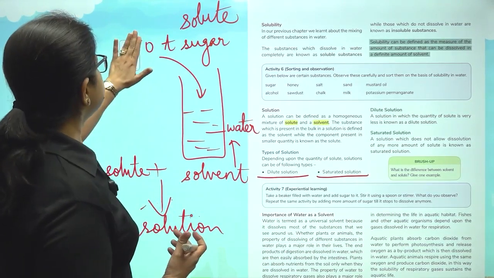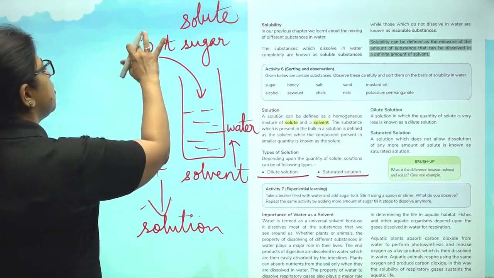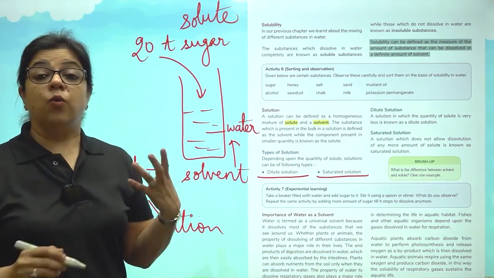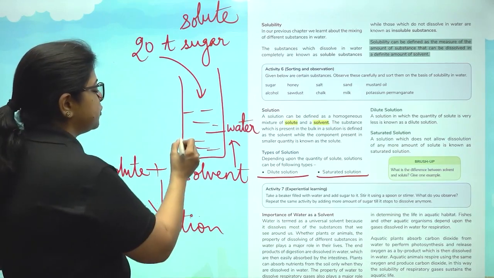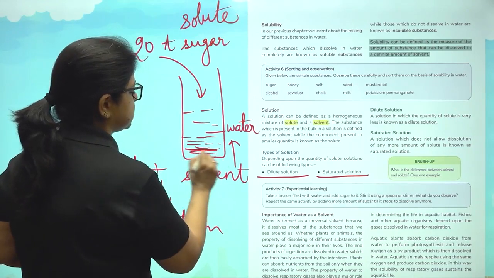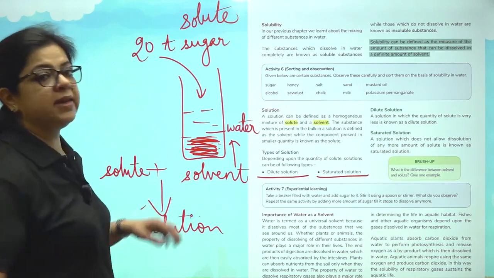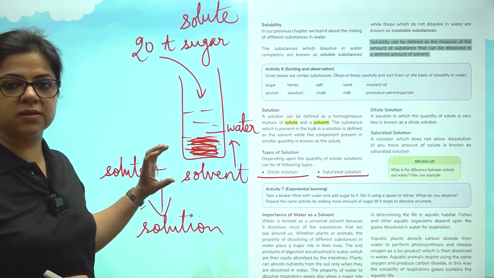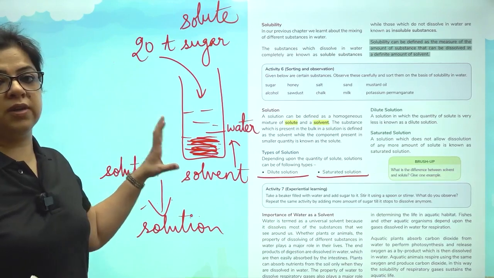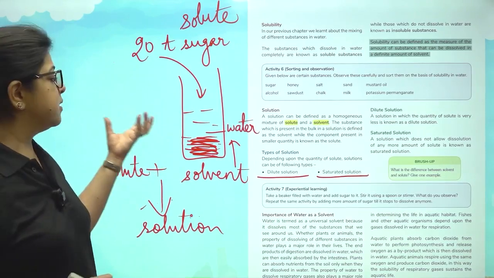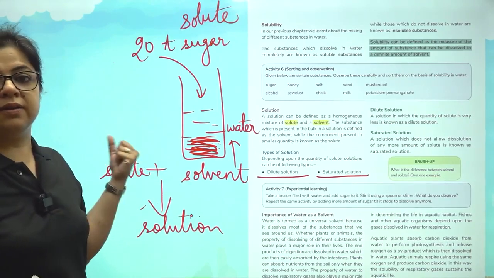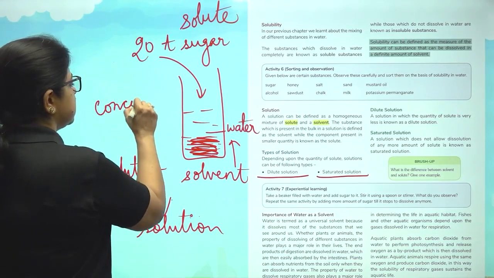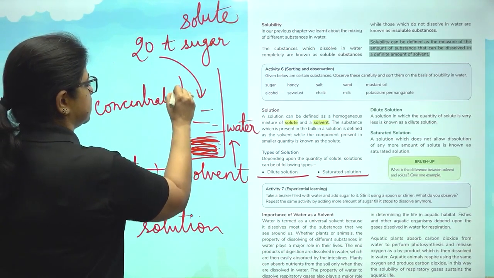But if I change this quantity of sugar to, say, 20 teaspoons of sugar, what will happen? Some of the sugar will remain deposited at the base of the container or the glass. Now, this solution in which there is some remaining particle left of the solute, it is known as a concentrated solution.